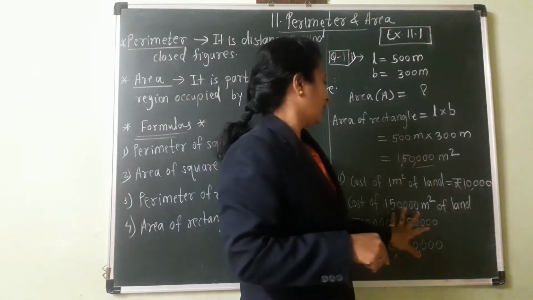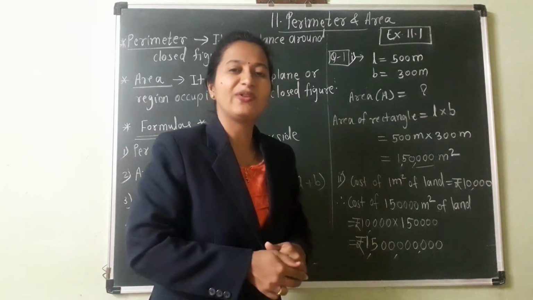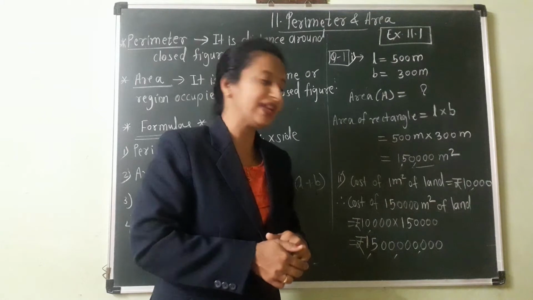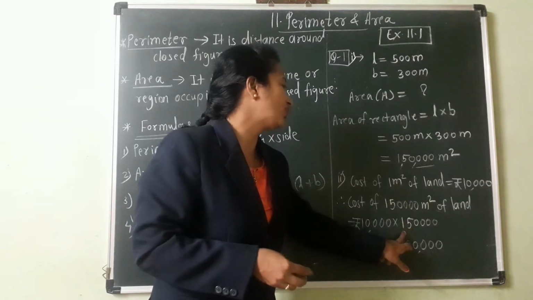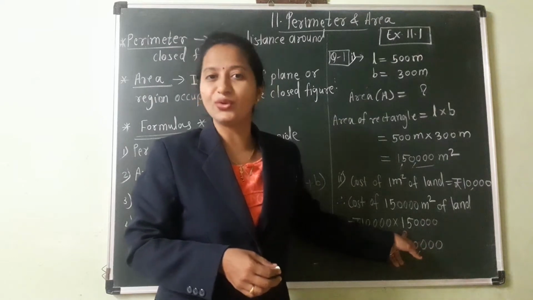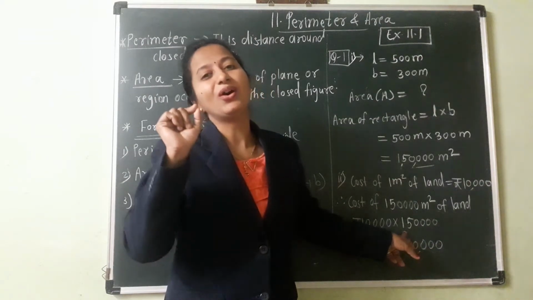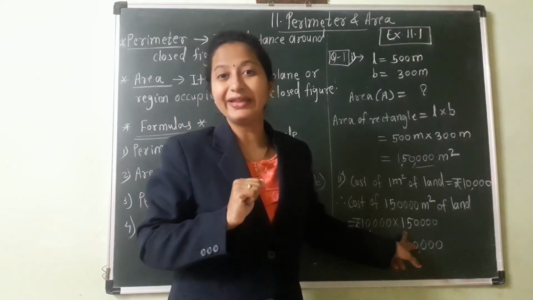So we have to find the cost of 1,50,000 meter square of land. We have to multiply 1,50,000 by 10,000 rupees. Why 10,000? Because 10,000 rupees is the cost of 1 meter square area.